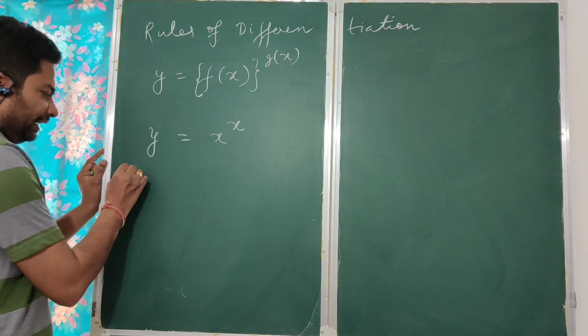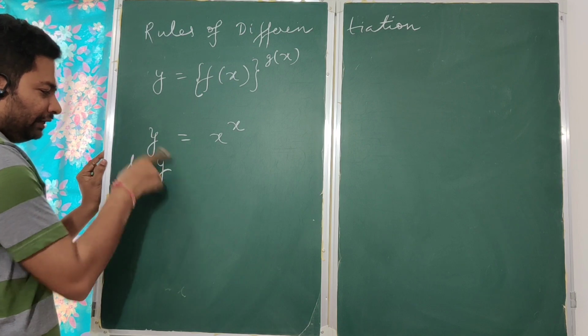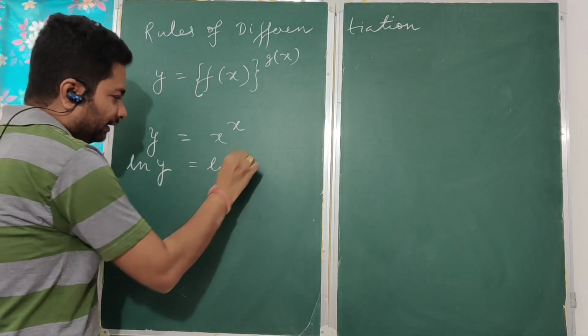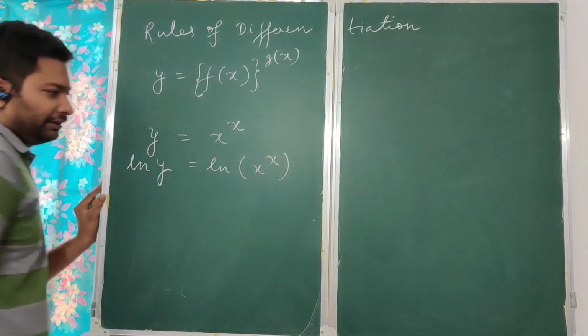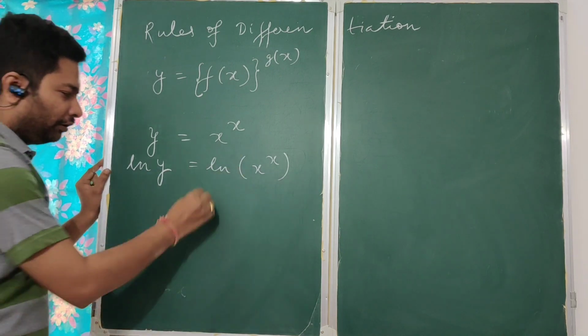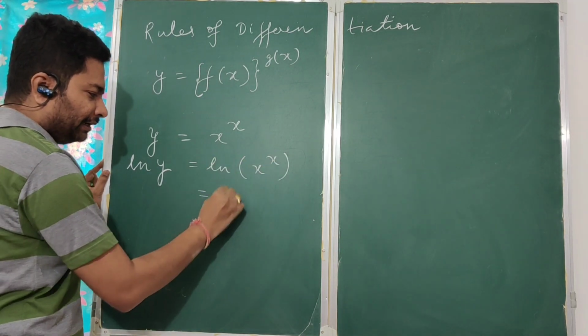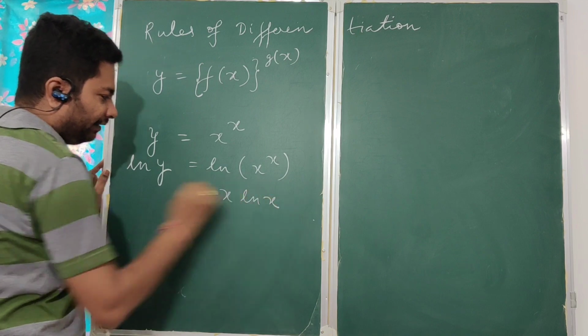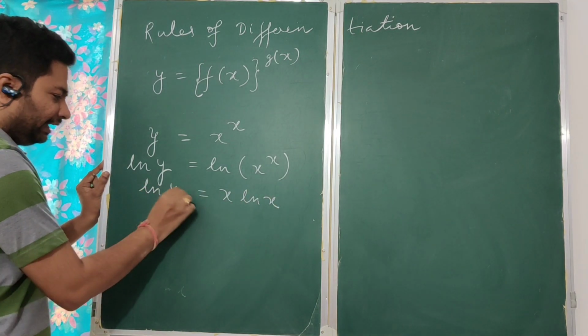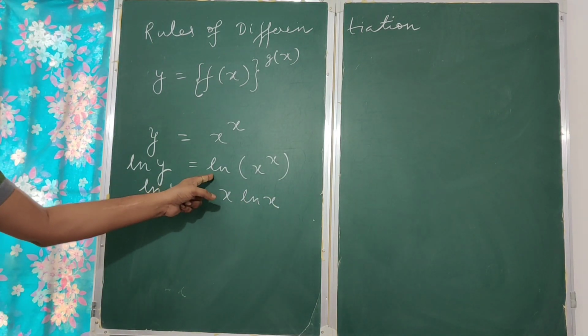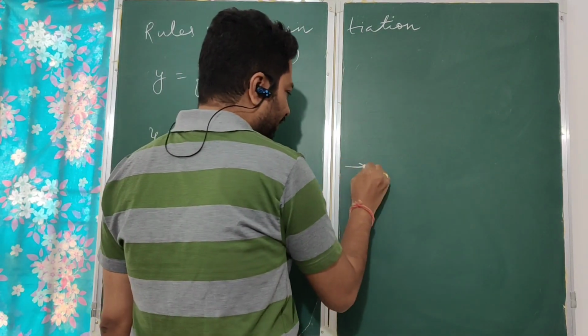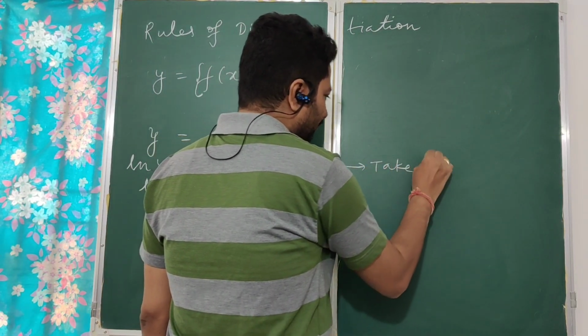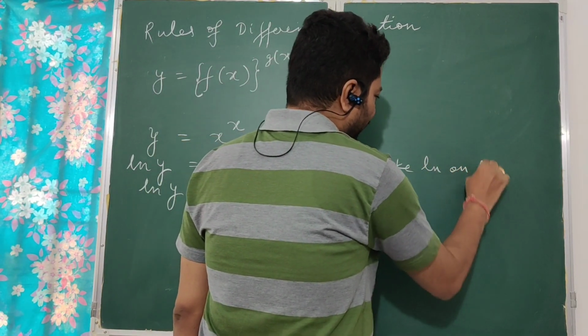So what do we do? Take natural log on both sides. What will you get on the left hand side? Ln y, and here ln x to the power of x. By properties of logarithm, this power becomes the coefficient, and you can write it as x ln x, and on the left hand side is ln y. So step 1 is take ln on both sides.